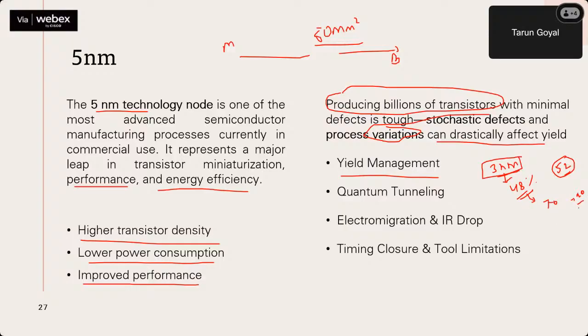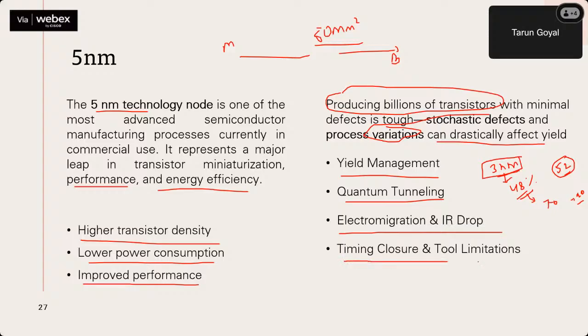That's how the process improves, and this all includes quantum tunneling, all these metals, electron migration, and IR drops with respect to power and heat.